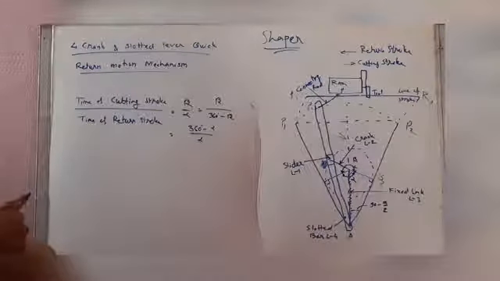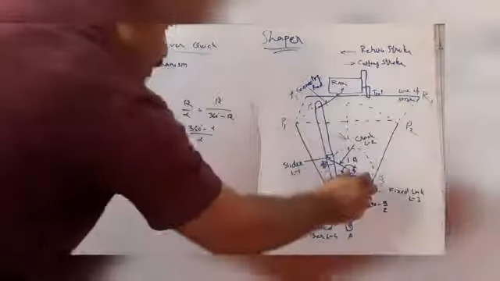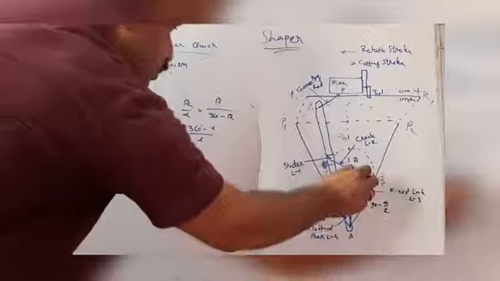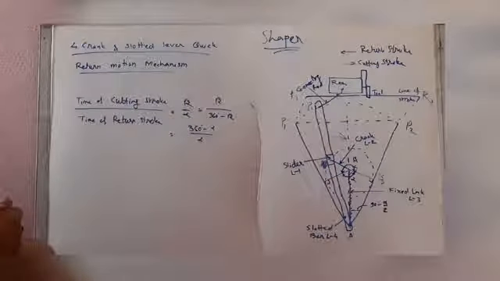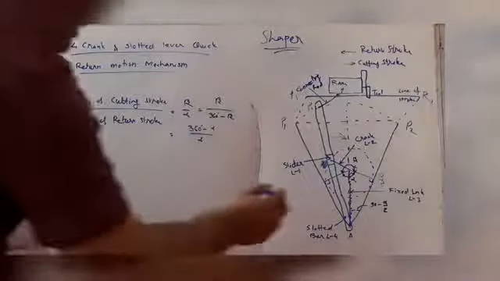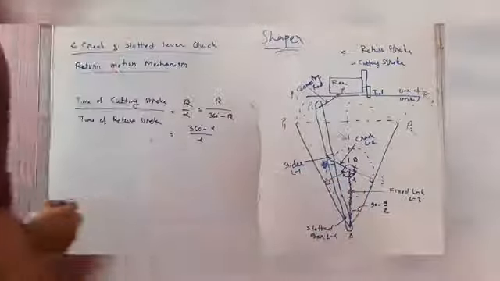The return stroke is when the crank rotates from position CB2 to CB1, through angle alpha in the clockwise direction. This is angle alpha.